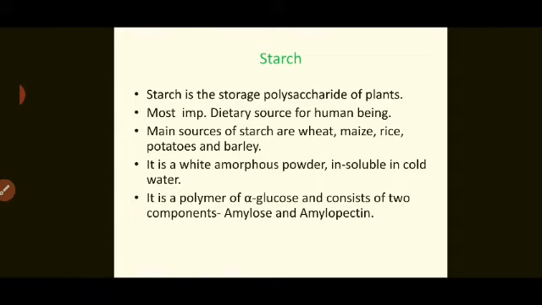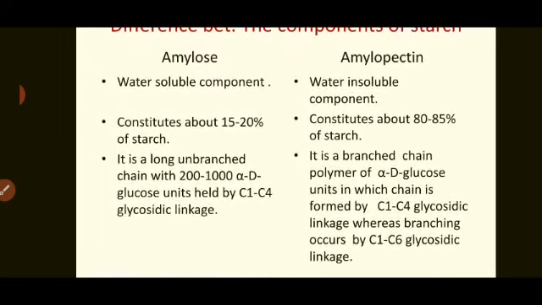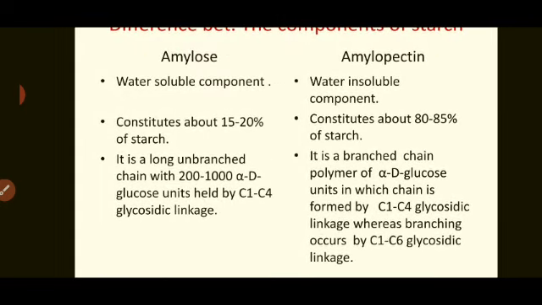Here the question which is asked on this part is, write the difference between amylose and amylopectin. So the difference points are given. First one, amylose is a water soluble component and amylopectin is a water insoluble component.